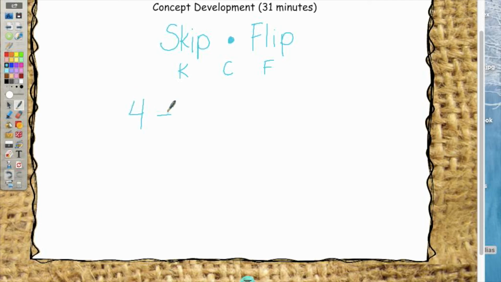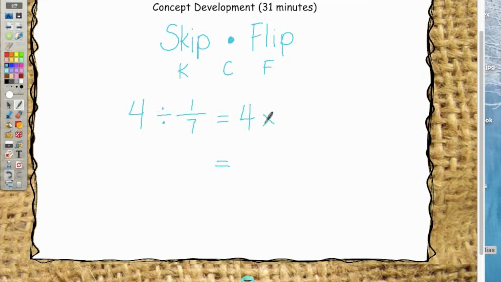4 divided by 1/7 equals. Aiden, what does the skip mean? Keep the 4. Good. What does the dot mean, Adriel? Multiply.